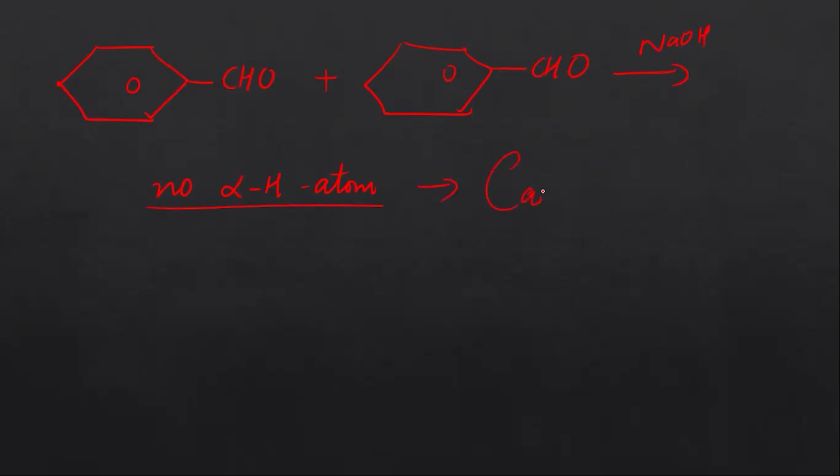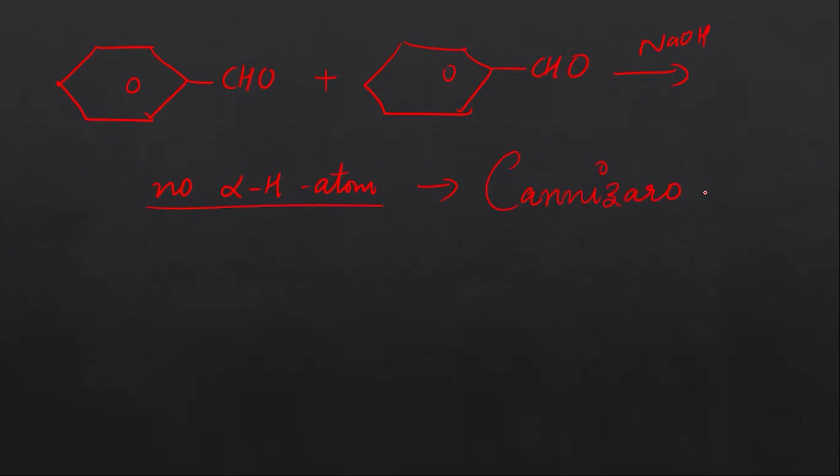I am going to write the benzaldehyde structure. This is CHO, and 2 molecules of benzaldehyde are reacting and treated with NaOH. There is no alpha hydrogen atom here. With the lack of alpha hydrogen, which reaction is taking place? It's a very important, famous named reaction: the Cannizzaro reaction.